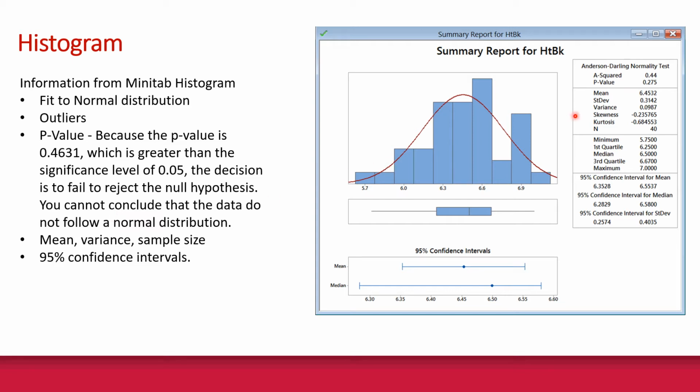In layman's terms, if this is greater than 0.05, you can conclude that your data is fairly normal. For the box charts, it also plots the minimum, the maximum, the median, the first quartile, the third quartile, and 95% confidence intervals. So a lot of stuff you can tell from a standard histogram.